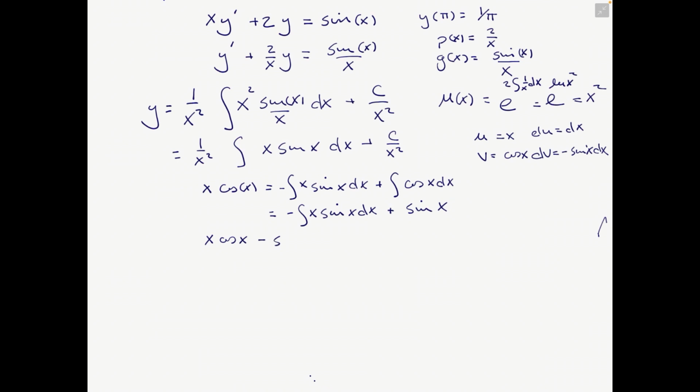So now we have minus x cos x plus sine x, and then that reverses.